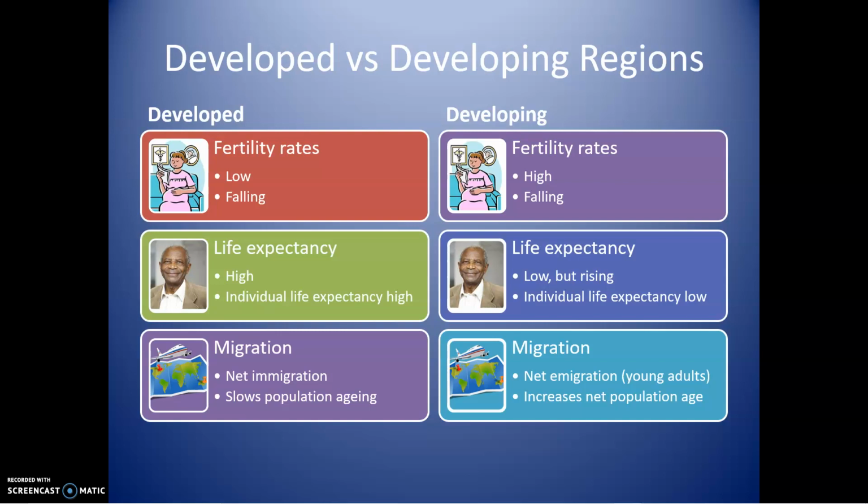So individuals are living for much longer, which has a different implication from just more people being 60 and over. In the developing world, as we described, there's net emigration of young adults, which increases the net population age, whereas in the developed world, there's net immigration of those same young adults from the developing world. And actually, the effect of that is to decrease the rate of population aging.